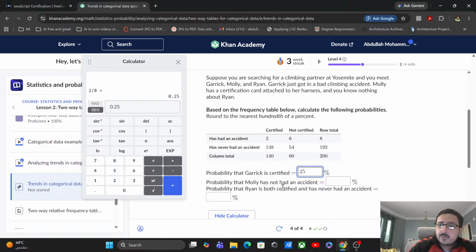Probability that Molly has not had an accident. Molly has a certification card attached to her harness, so she's certified and she has not had an accident. 138 out of 140, 98%.